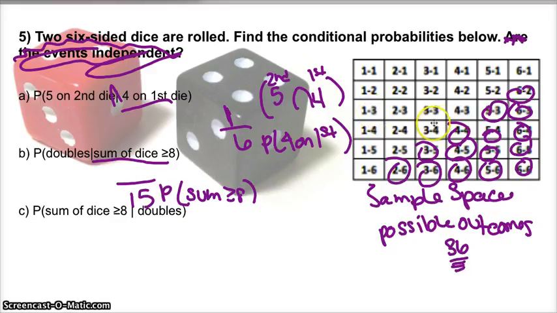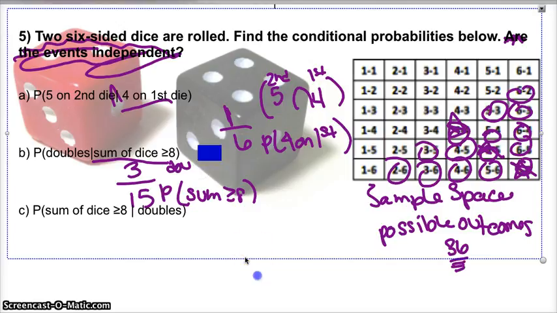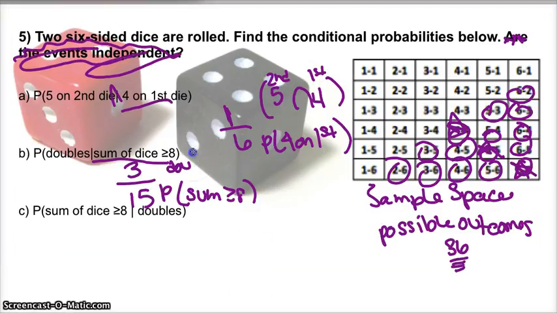So how many doubles are there within here? The 4 and 4, the 5 and 5, and the 6 and 6. So there are 3 possible ways to roll doubles and have a sum of greater than or equal to 8 over the total number.